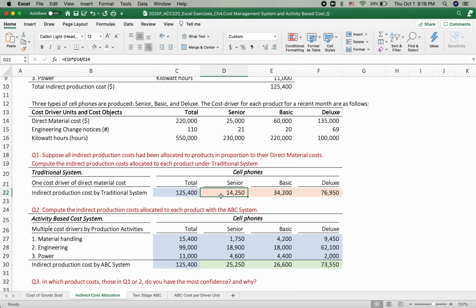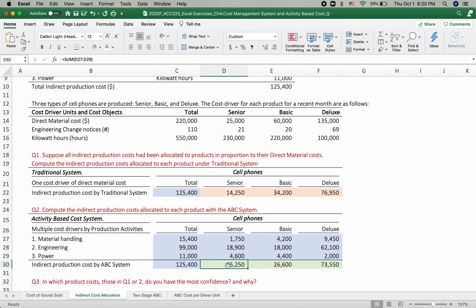If we allocate it like in that way, like 14,250 indirect production cost, we can give some more favor to the production of the senior because it costs less than the cell phones like basic or deluxe. But when you calculate more accurately, the senior cell phone actually spend more indirect production costs than other cases. Okay, so that's the correct.